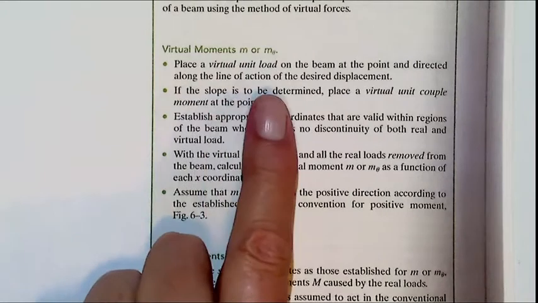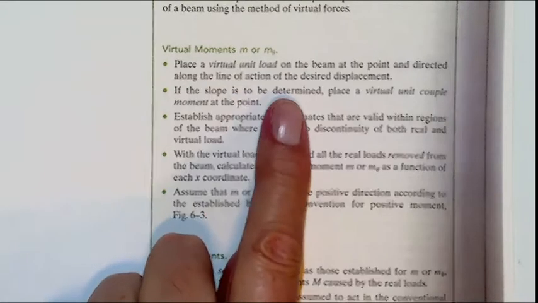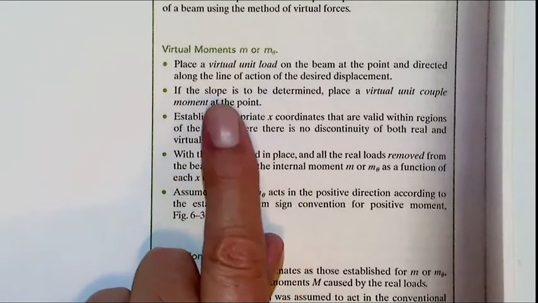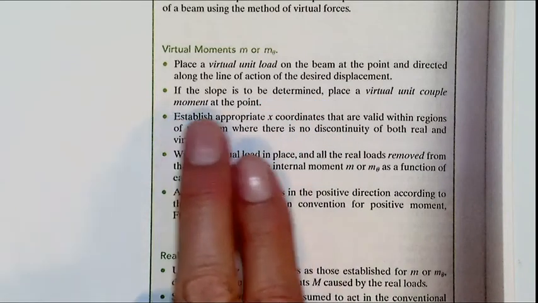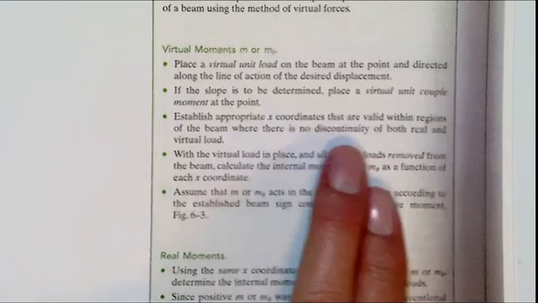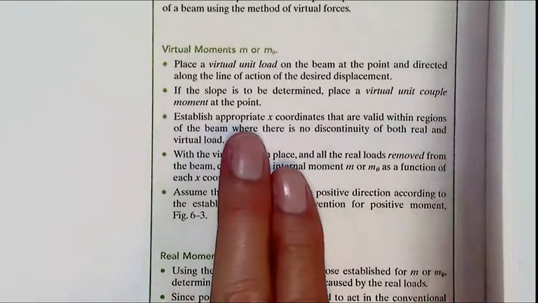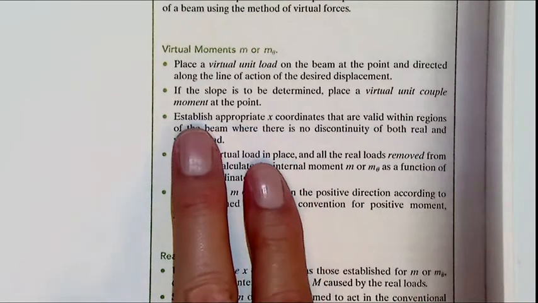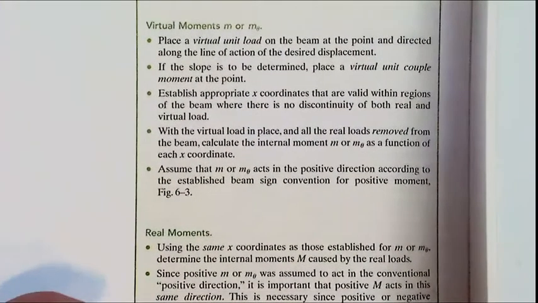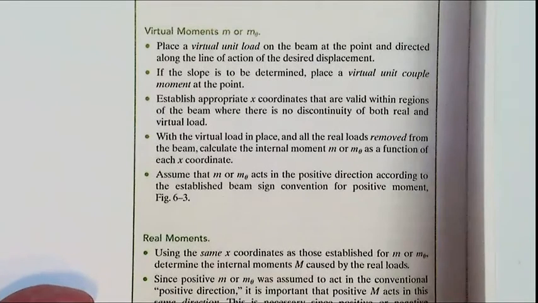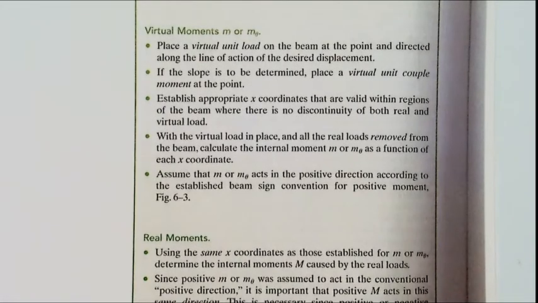Place a virtual unit load on the beam at a point and direct it along the line of action of the desired displacement. If the slope is to be determined, place a virtual unit couple moment at this point. Couple is enough, or moment is enough, but he's using couple moment. That is fine. Maybe he's using this couple moment so that we, as readers, will not go astray.